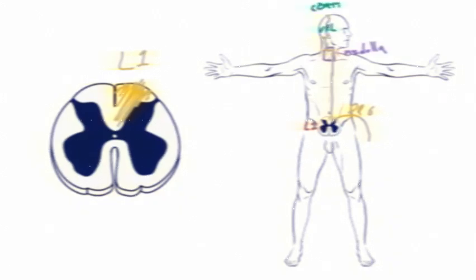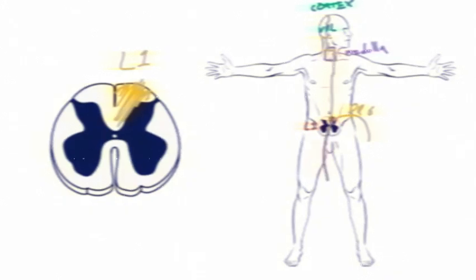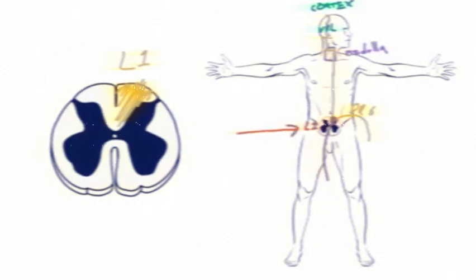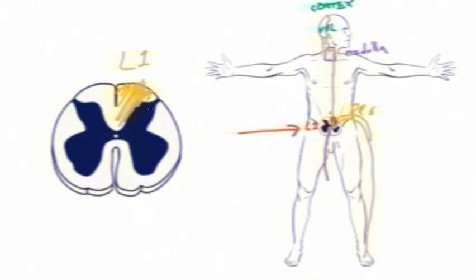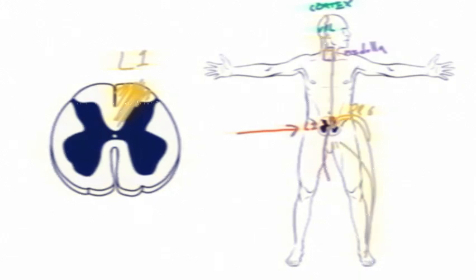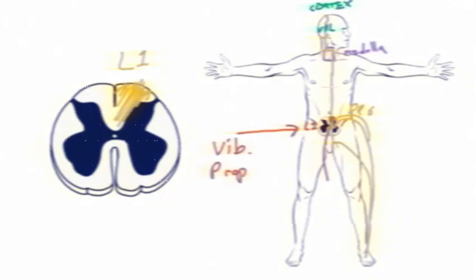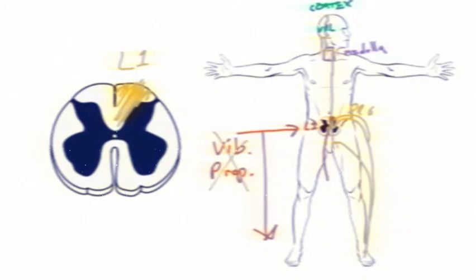So we'll just write cortex. In this man, this portion is damaged. This means that any signals that try to use the dorsal column below the L1 spinal cord level are stopped. As you can see, if sensation is trying to come up through his big toe, it'll stop once it reaches this L1 spinal cord level. Even if it goes to S2 and then travels up, it'll stop. So vibration and proprioception below the L1 spinal cord level will be damaged on the ipsilateral side.